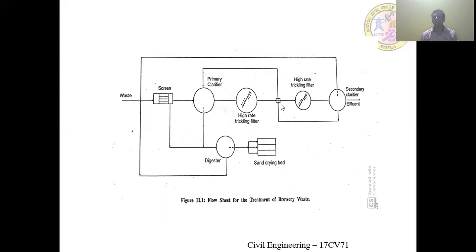So in distillery industries, you use high rate trickling filters to remove the BOD, so that the BOD value is reduced by 90 to 94% before discharge. The settleable particles and the screened materials retained on the screen go to digesters, then to drying beds, and can be used for organic manuring and other purposes.